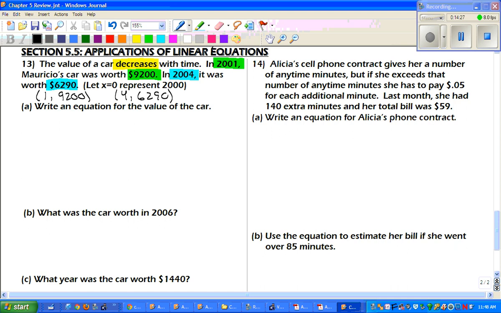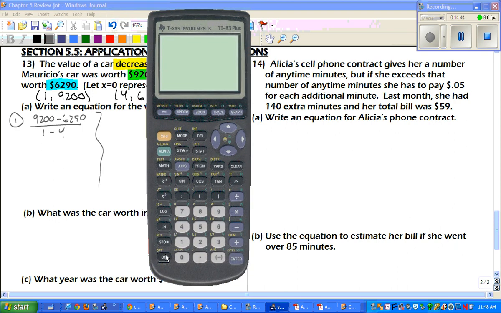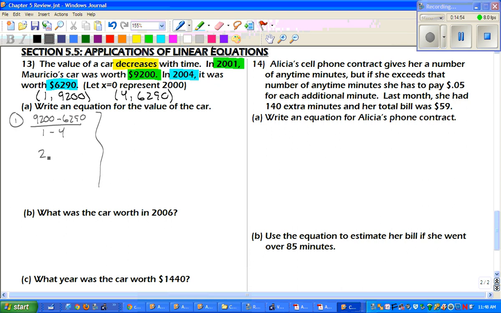The first thing that we have to do is find the slope. So we're going to do the y's minus the x's, and I would definitely recommend using your calculator on this one. So 920 minus 629 gives us 291.